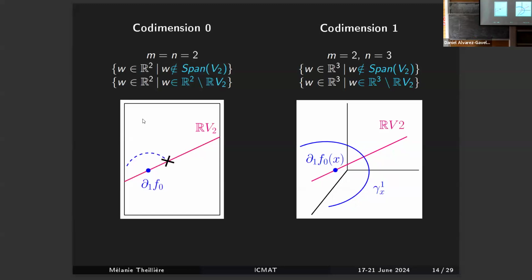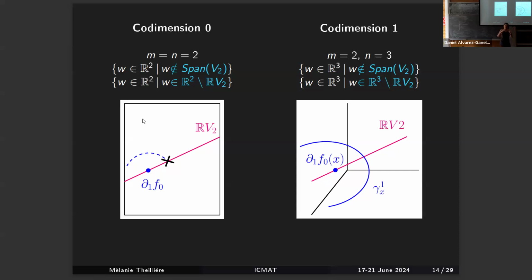Of course, if we increase one dimension, so surfaces in space of dimension 3, now the possible values for the first partial derivative are R3 except a line. Since it's all the space except a line, we can turn around the line to find a loop which does not cross Rv2, and whose average equals D1 f0.